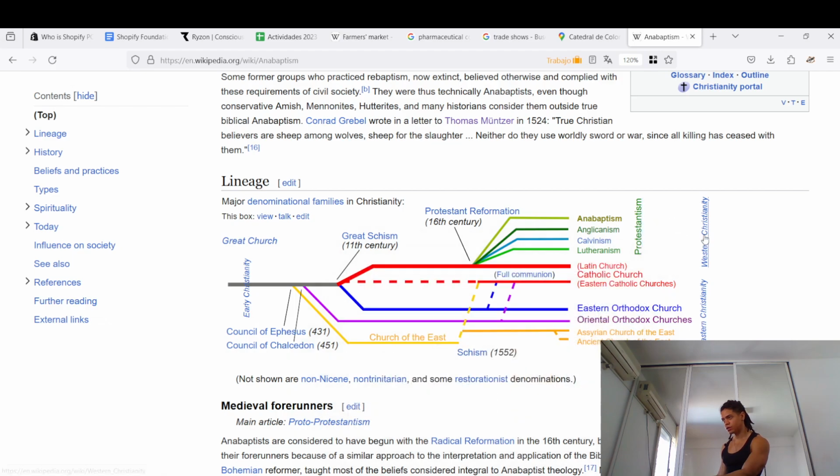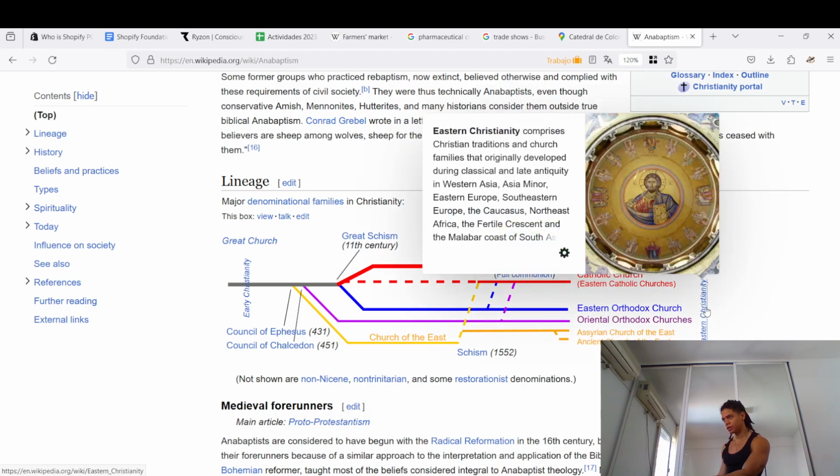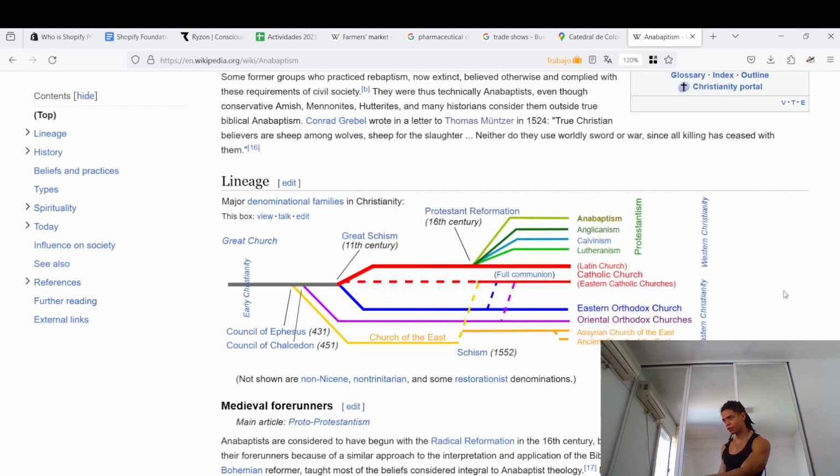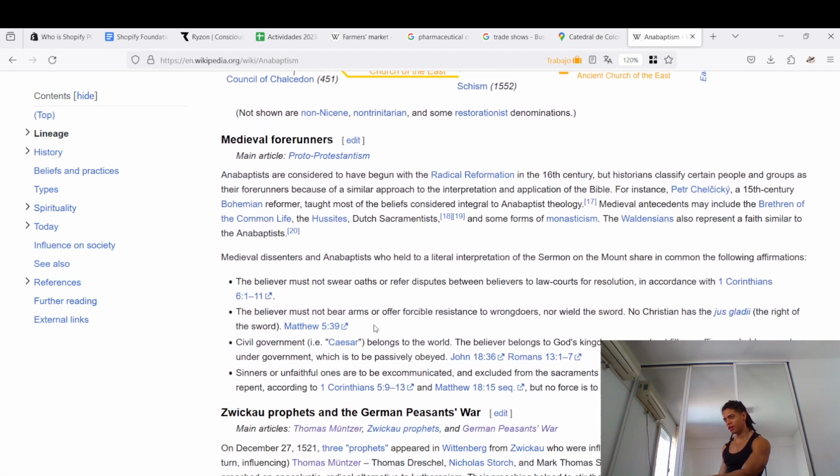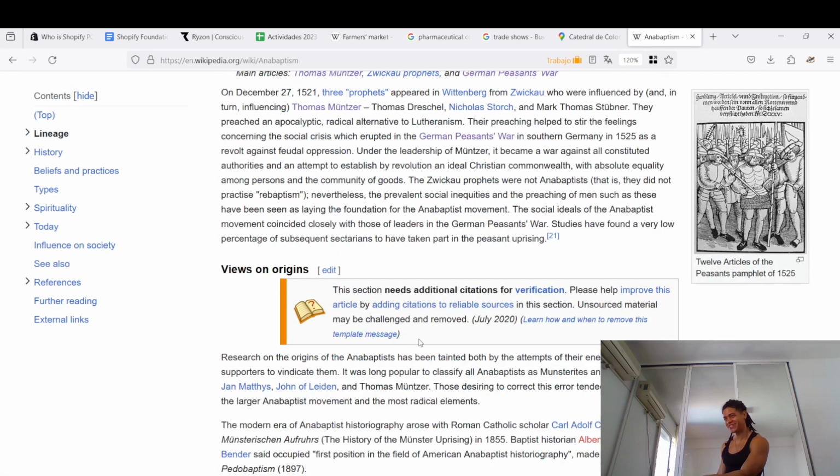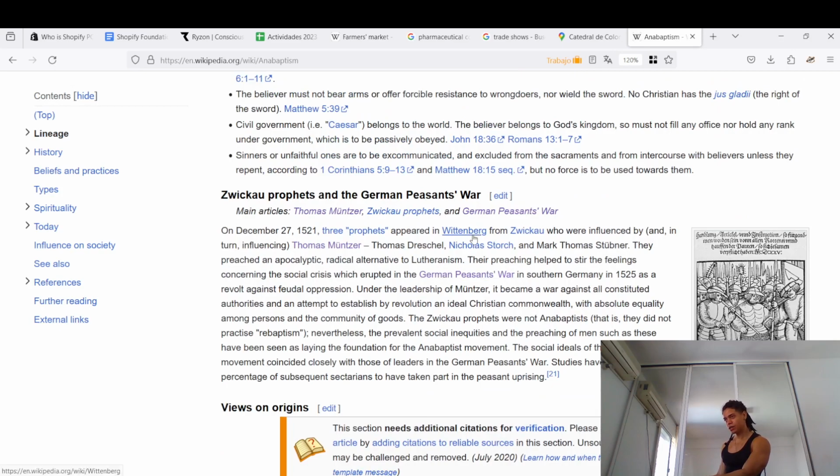Protestants, Western Christianity, Eastern Christianity.